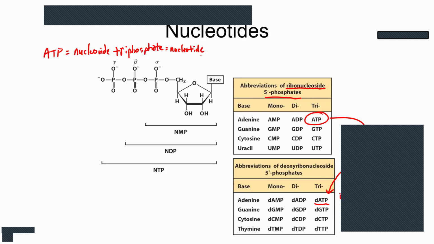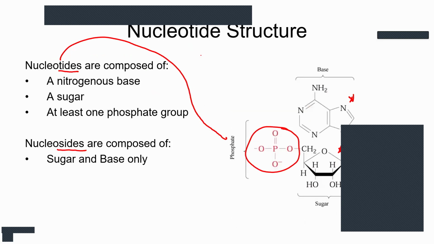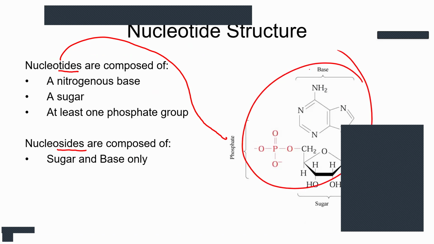So worth noting, at this point, if you're thinking, okay, what should I be thinking about with respect to the exam, and what sort of questions should I anticipate? Definitions, nucleoside versus a nucleotide. That's a great question to be able to answer. If I showed you, for example, this molecule right here, and I said, okay, this has which of the following?